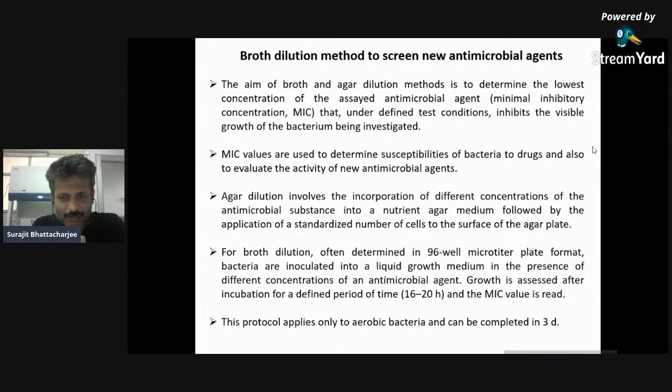Growth is then assessed after incubation for a defined time frame, generally 16 to 20 hours, which can be extended up to 24 to 48 hours. The MIC value can then be determined by spectrophotometric reading. These protocols are generally applied only for aerobic bacteria, and can be completed within 3 days.